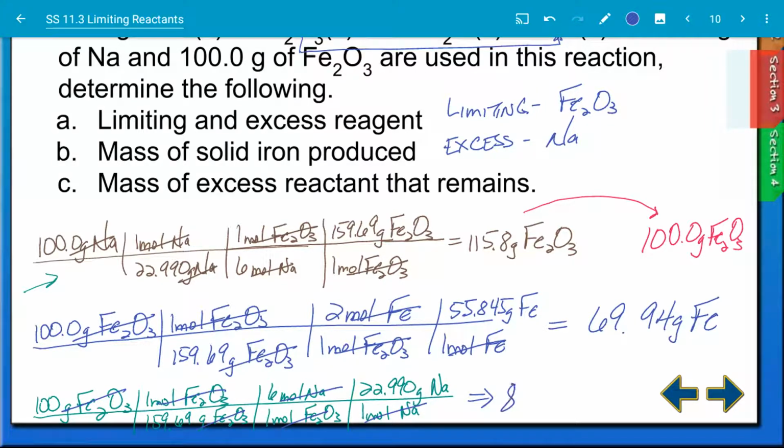And that gives me 86.38 grams of sodium. So when I react all of my iron 3 oxide, I will only use up 86.38 grams of sodium. And I have 100 grams of sodium, so that means my excess reagent will have 13.62 grams of sodium in excess. Okay, so that's my excess reagent right there.